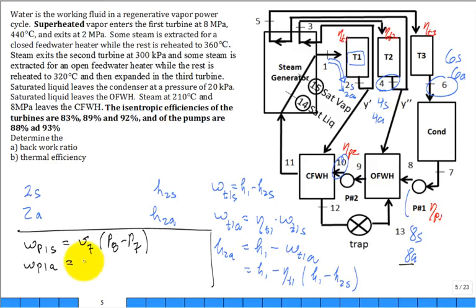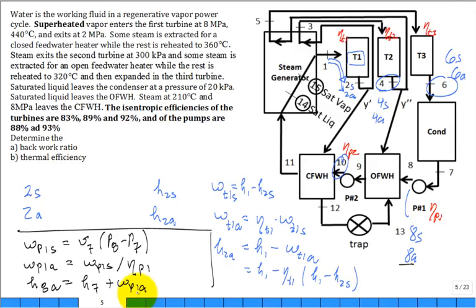So it's going to be WP1 isentropic divided by the isentropic efficiency of pump 1. So that's the only key right there. And so you get that H, let's say 8 actual is going to be H7 plus that WP1 actual. That look good?